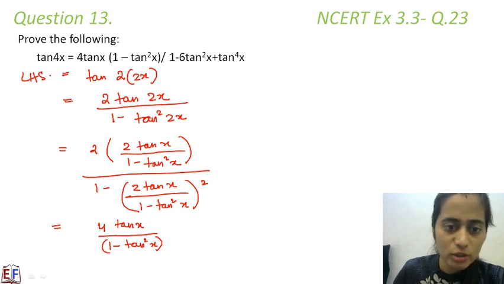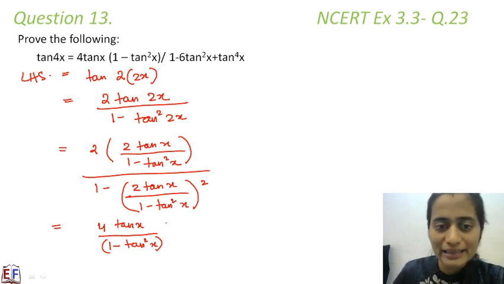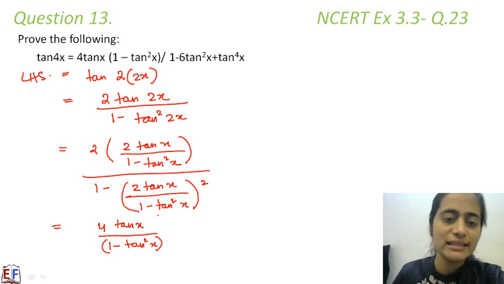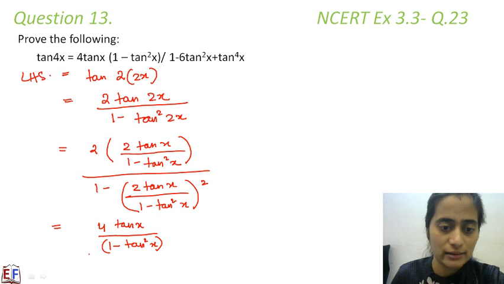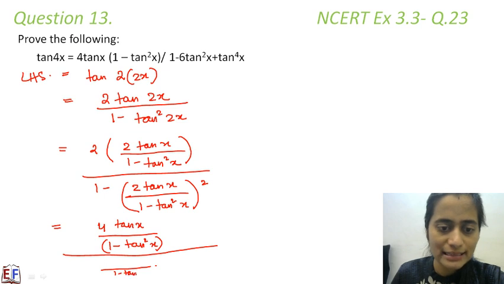I am just talking about the numerator. Now, if you look at the denominator, the entire denominator, in the bottom term what will remain? 1 minus tan square x ka whole square. Right? So let's do that. So if we write it down like this, this becomes 1 minus tan square x ka whole square.